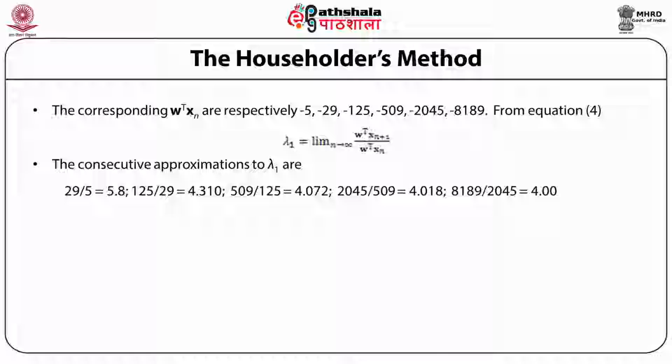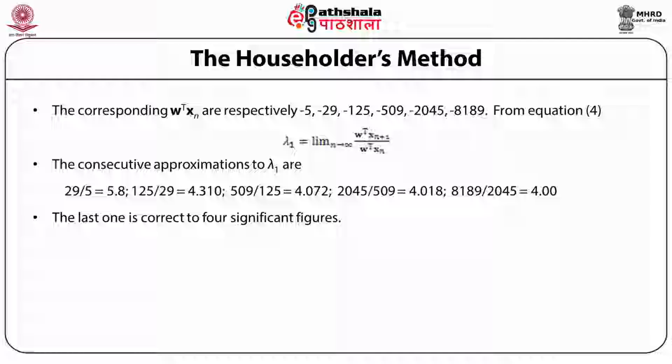The consecutive approximations to lambda 1 are 29 by 5, which equals 5.8, 125 by 29 equals 4.310, 509 by 125 equals 4.072 and so on. And the last one is 8189 divided by 2045, which equals 4.004. The last one is correct to 4 significant figures.